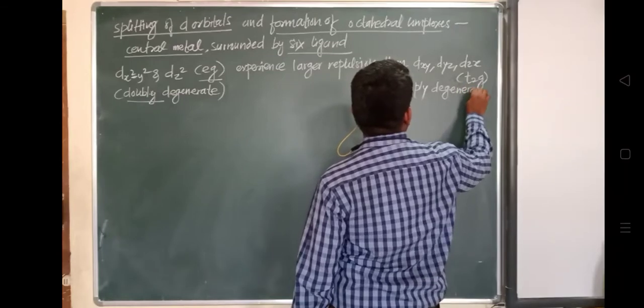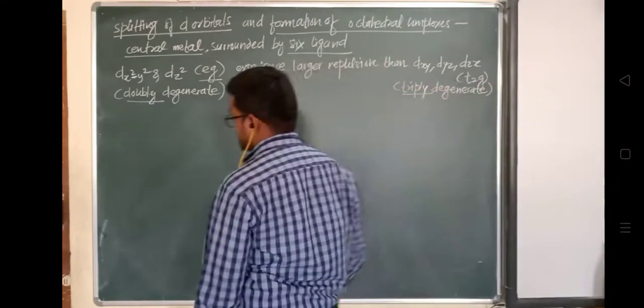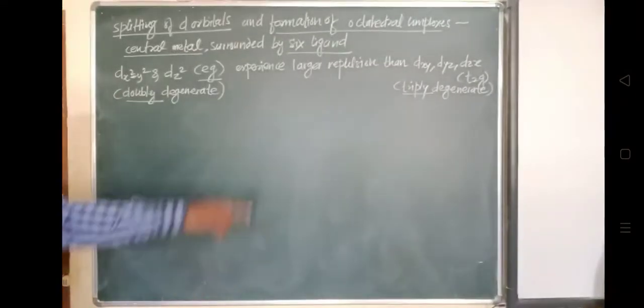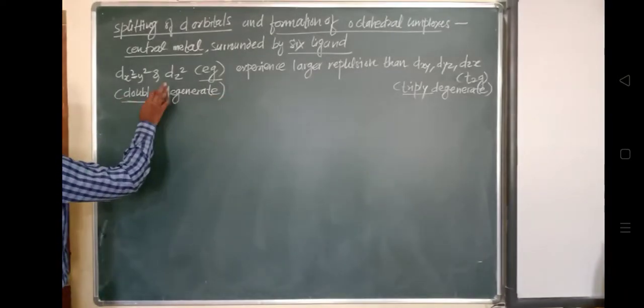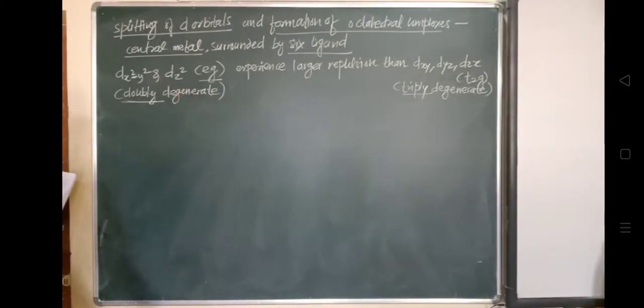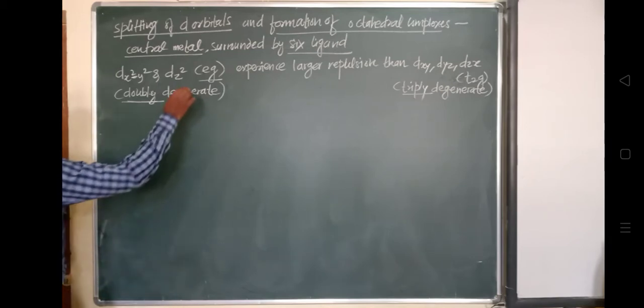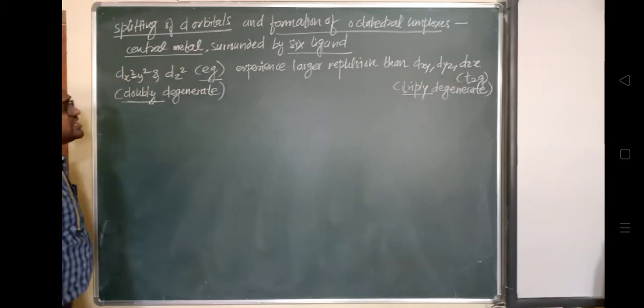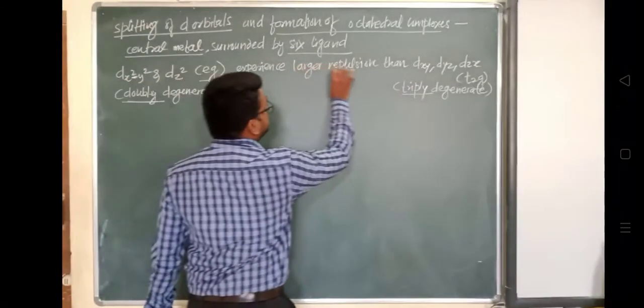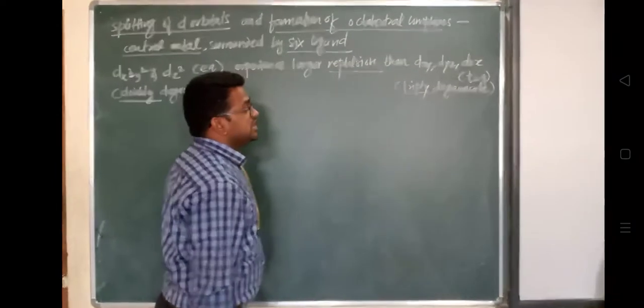Triply means three orbitals are present here in this t2g, and two orbitals are present in this eg. So which one will experience a larger repulsion? This eg set will experience a larger repulsion than this t2g.